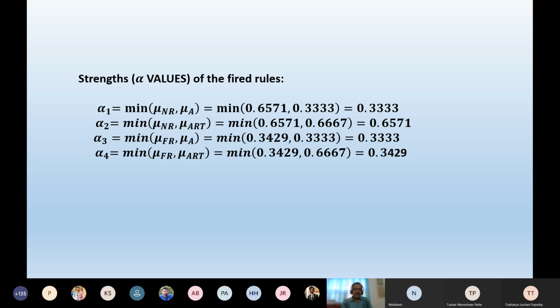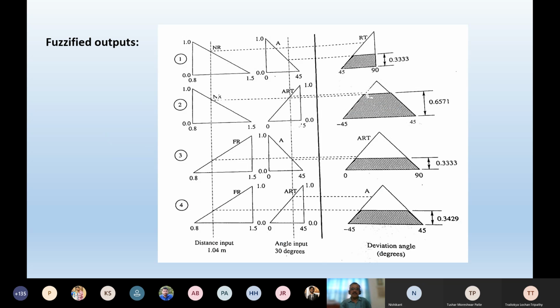Now, this I'm going to discuss with the help of the next figure. All of you will understand. So this figure shows the 4 fired rules. This is the first fired rule: if distance is near, angle is ahead, deviation is right. The second fired rule: if distance is near, angle is ahead right. So this is the output.